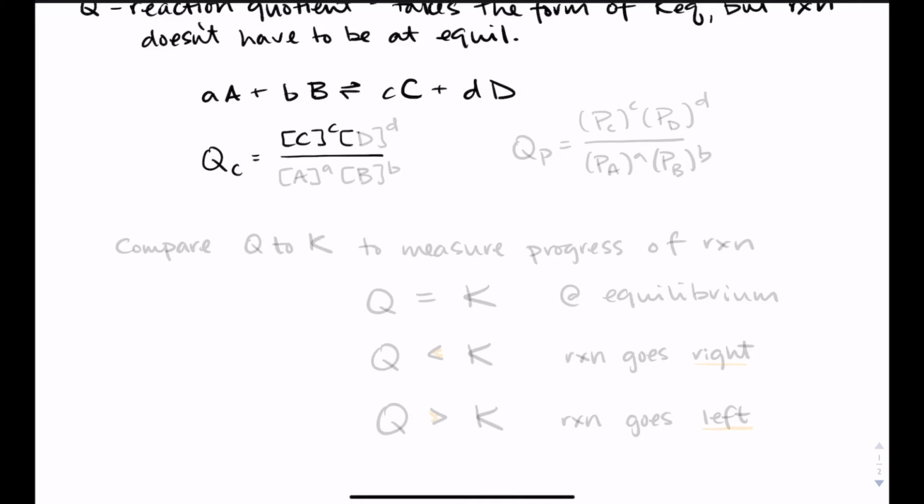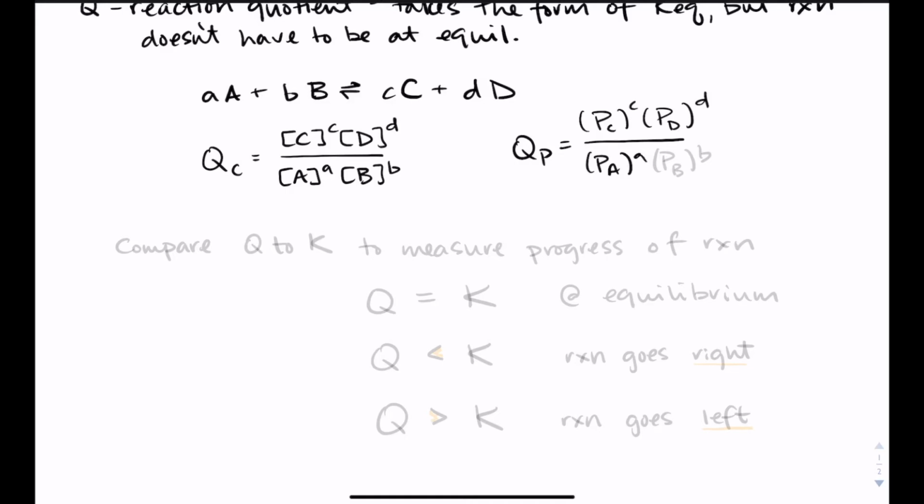The good news is that you calculate the reaction quotient the same way you would calculate an equilibrium constant. It just does not require the reaction to be at equilibrium. So in my generic reaction, it's still products raised to their powers divided by reactants raised to their powers.